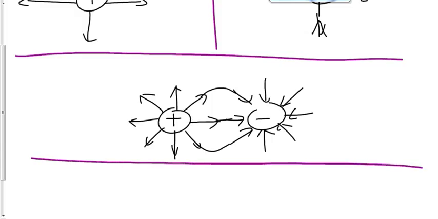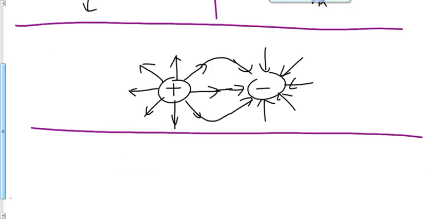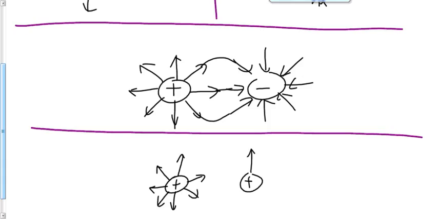What would happen if I put two positives beside each other, close enough to interact? Well, these field lines no longer join up. They don't do this.